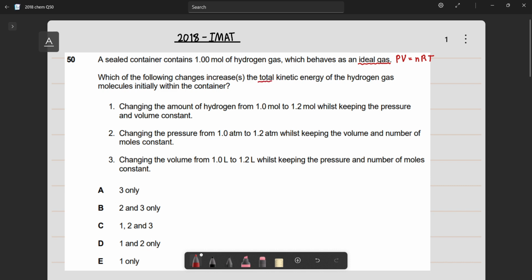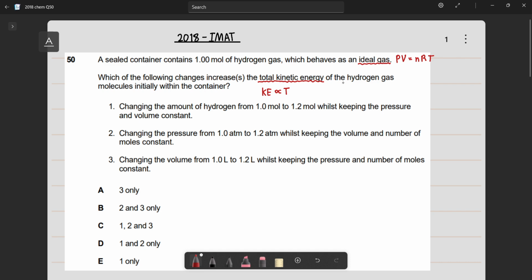We also have to recall the main important expression about total kinetic energy. The total average kinetic energy mainly depends on the absolute temperature.